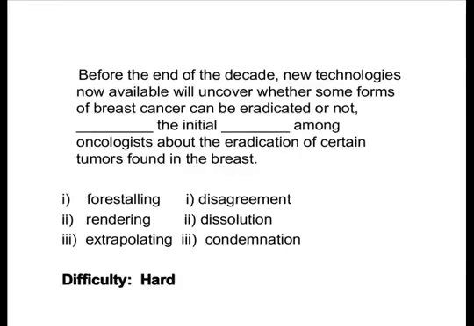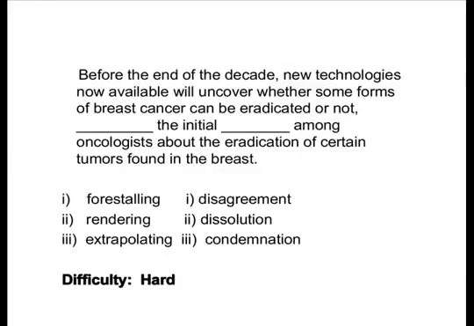We know that in a very short period of time, technologies that are available now will help us figure out whether we can get rid of breast cancer. That's what eradicated means, to get rid of. Blanking the initial blank among oncologists, or cancer doctors, about the eradication of certain tumors found in the breast.